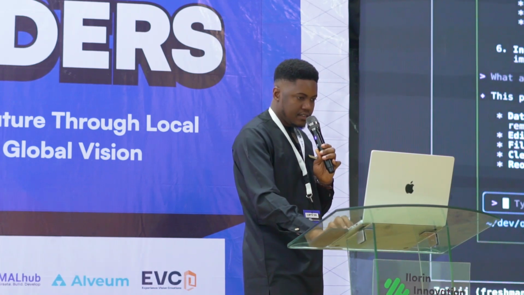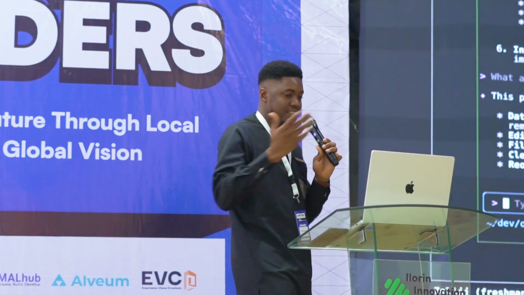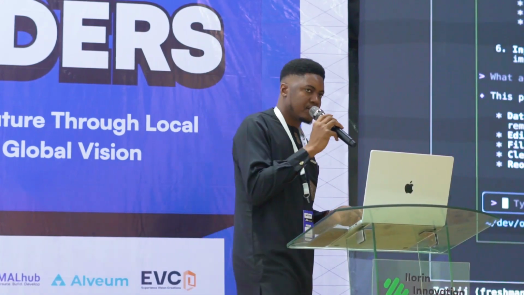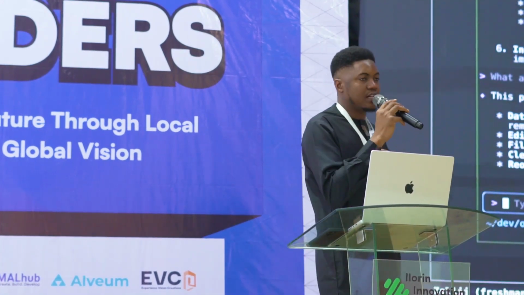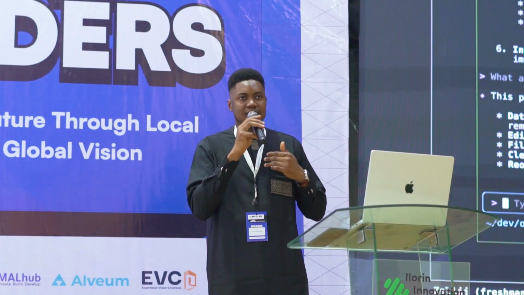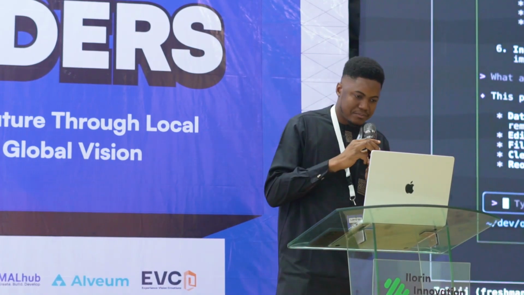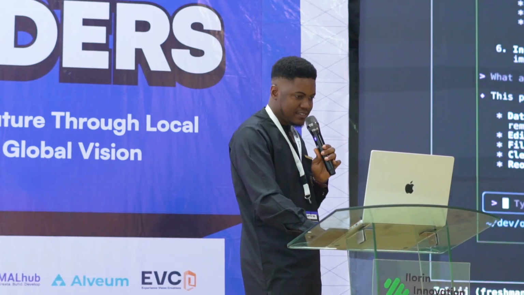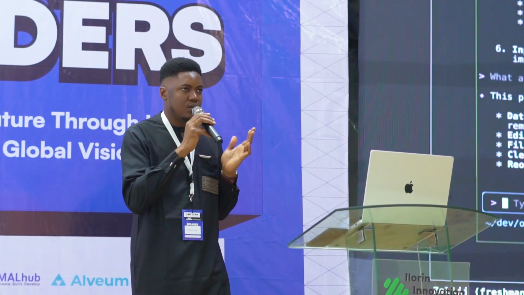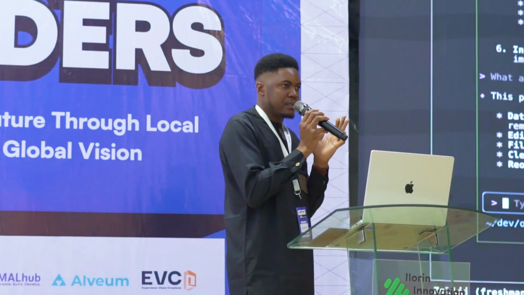So the next thing is editing code. We've talked about how you can understand the code base. We've also talked about how you can get ideas, right? The next thing is how you can actually implement those ideas. And what you just need to know is that you need to focus on one specific feature.